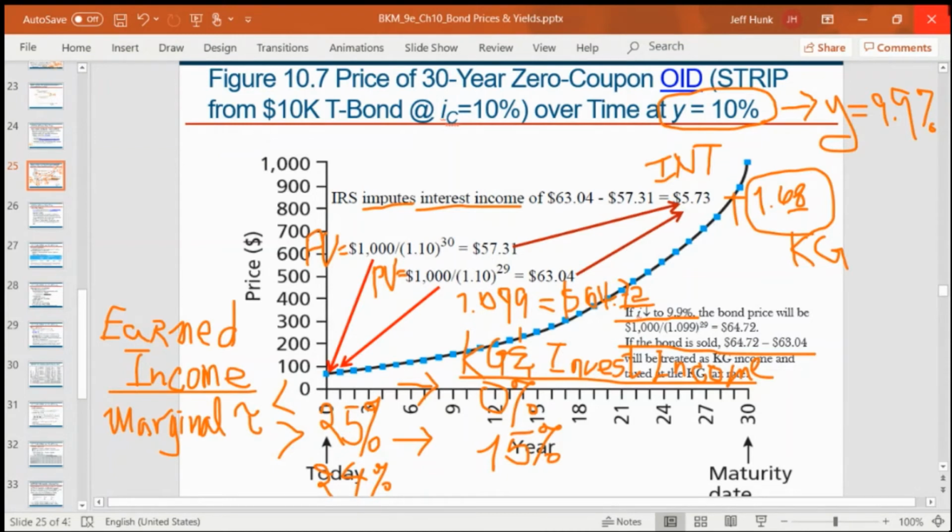So most people, with earned income, the total tax liability is the weighted average of every tax bracket and the portion of income that belongs to each tax bracket, right? It's a weighted average.